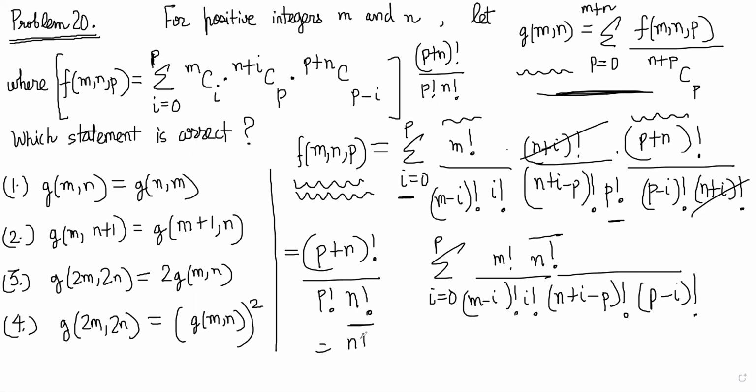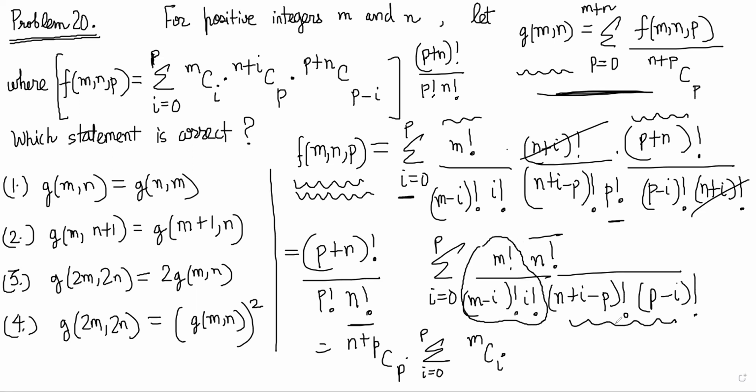So this becomes n plus p C p, summation of I goes from 0 to p, and this becomes mCi. The first three terms become mCi, and these terms become nC p minus I. If you think about it, this plus this adds up to n, so therefore this is nC p minus I, right?